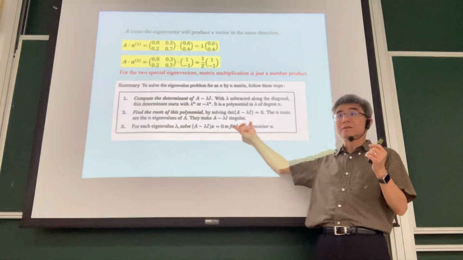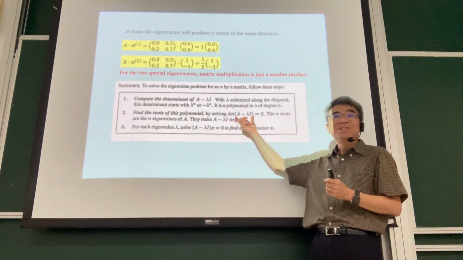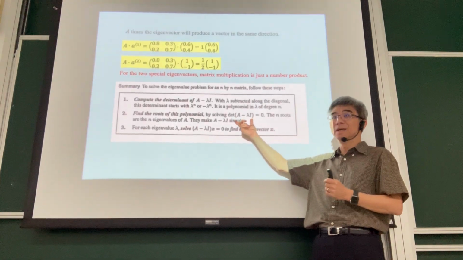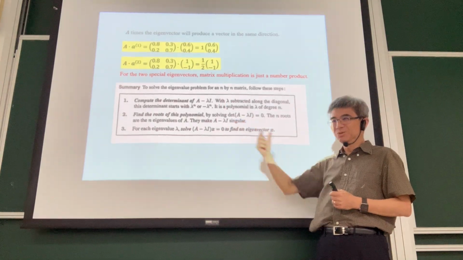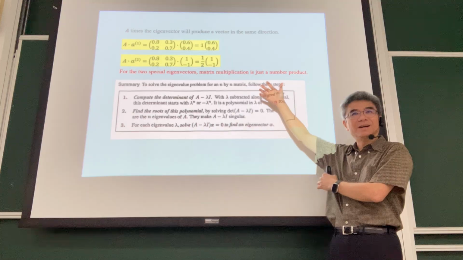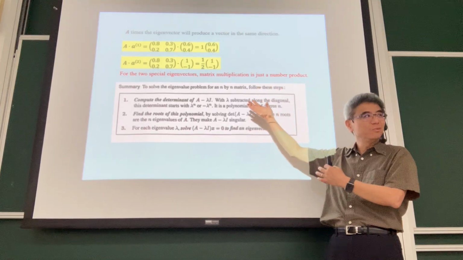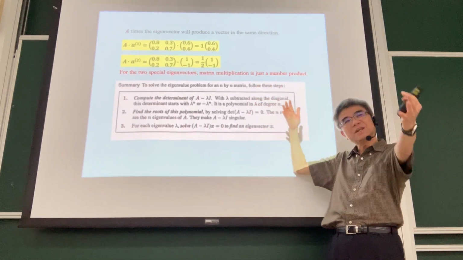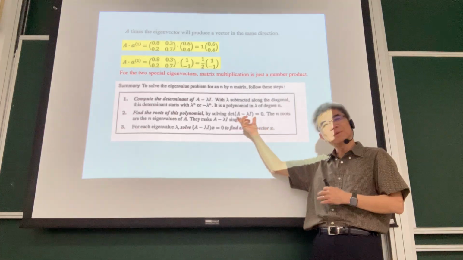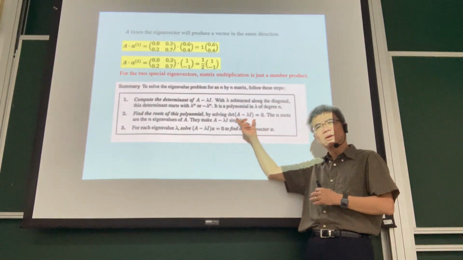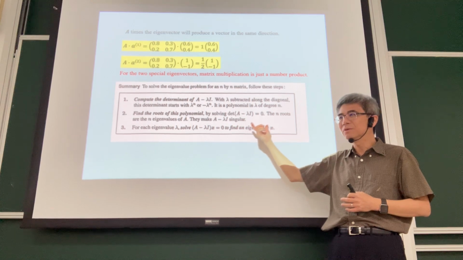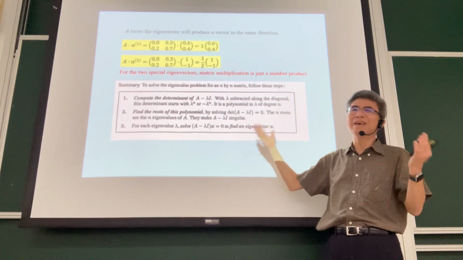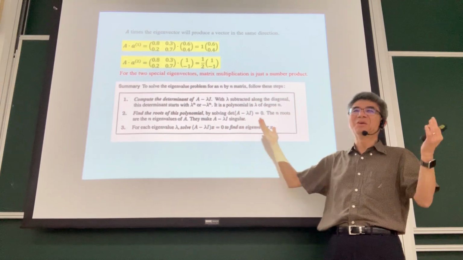However, if n is large, then calculating the determinant will be formidable, very hard, right? We did it for a 2 by 2 matrix in class. You did it for your homework for 3 by 3 matrices. However, does anybody know how to do it for 4 by 4? In principle, yes. But in practice, it's so hard.